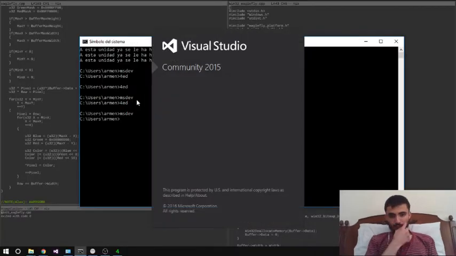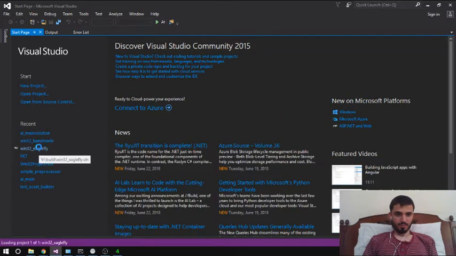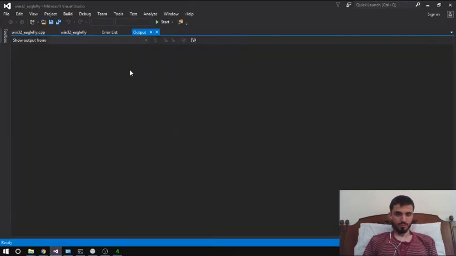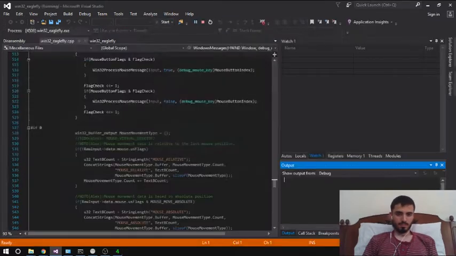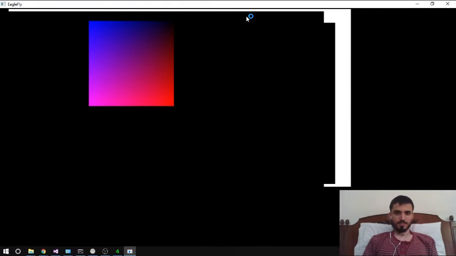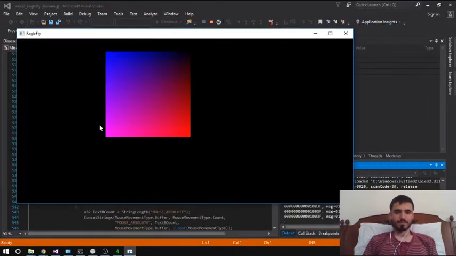So if I compile and I run msdef, basically we have a little shiny square that we fill out with some colors just for test.